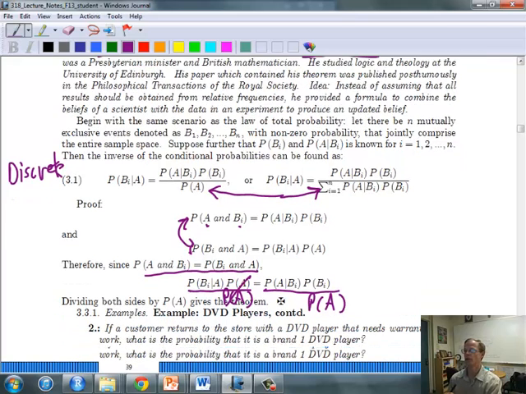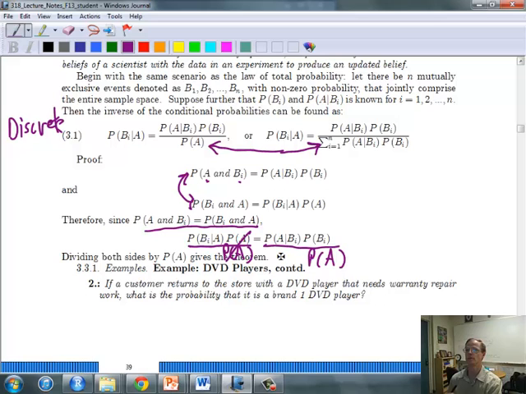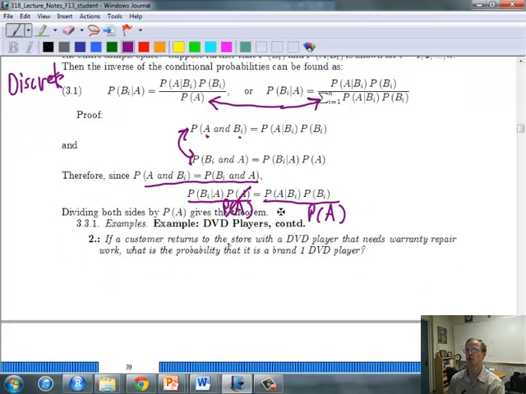Using this result, then, I can now answer the question. If the customer returns to the store with the DVD player, what's the probability that it's brand 1? Well, here we go.